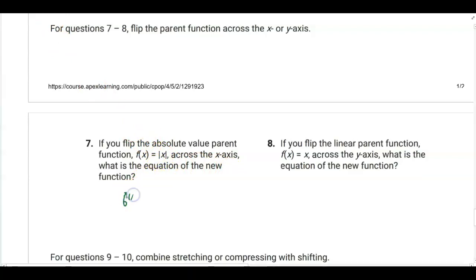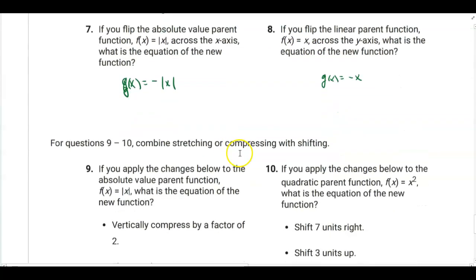So in this case, g of x would equal, you're basically reflecting that, so if it's a V, all I'm going to do is multiply that function by -1, so you get negative absolute value of x. Across the y-axis, really it's no different. G of x equals, multiply the input by -1, and you would get negative x.